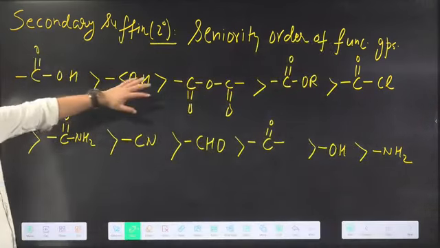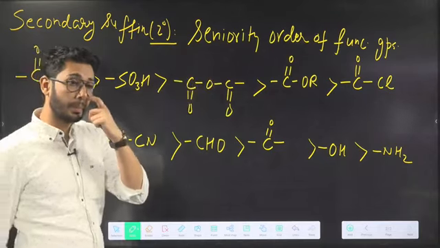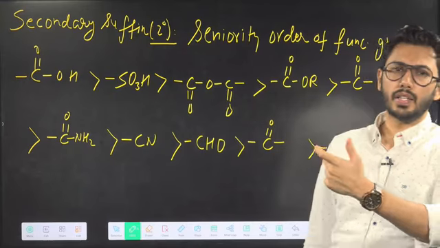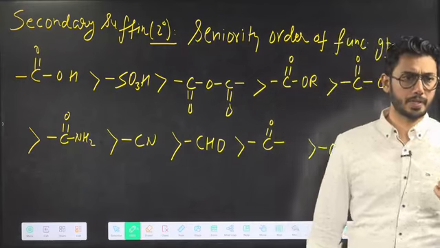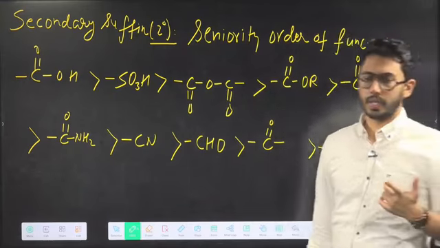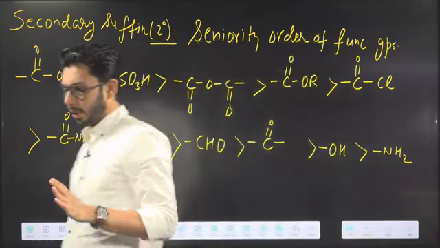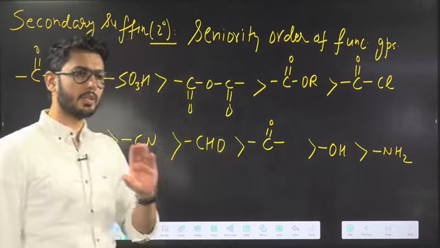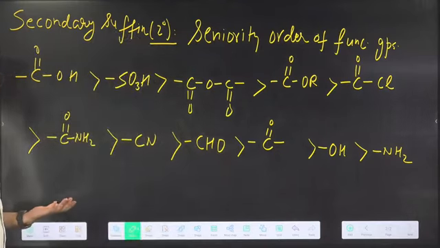Thiol is not required in NCERT, nowhere given. Anhydride is separately not given in the IUPAC, but its example is given in the carboxylic acid. So that's why a little bit of idea only, not details of anhydrides, not complicated examples, just to know how to write the IUPAC name of anhydride.